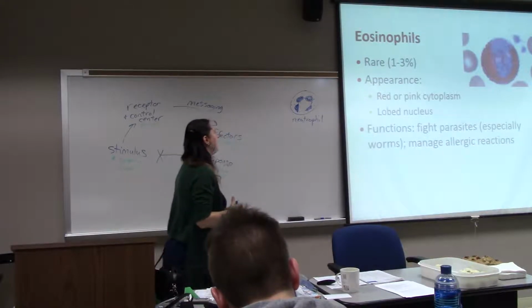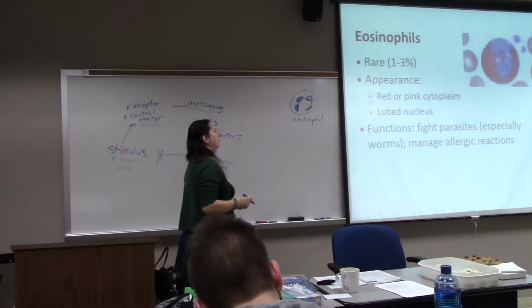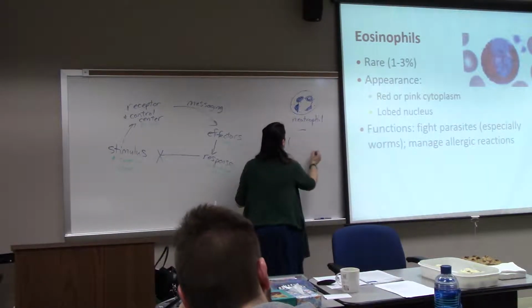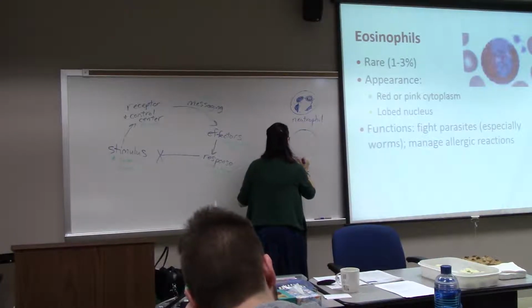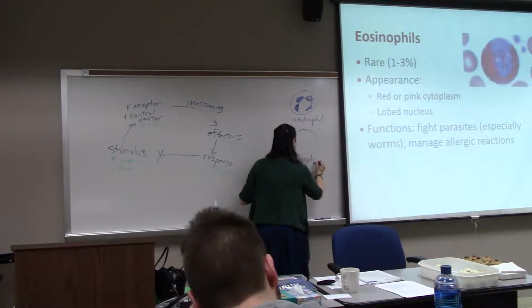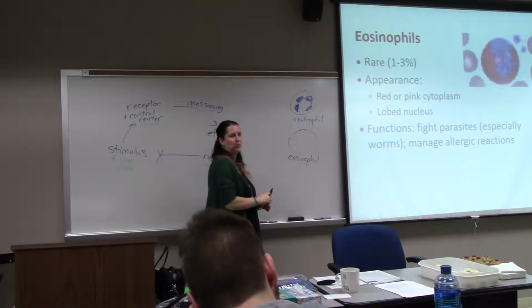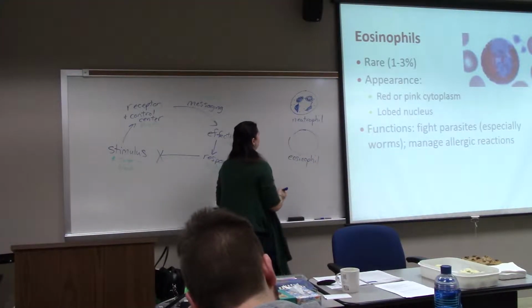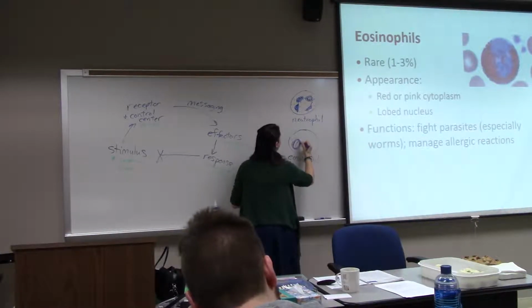Eosinophils. These are one of the least common. They're typically 1 to 3% of the total. They also have a lobed nucleus. Usually it's 2 lobes.